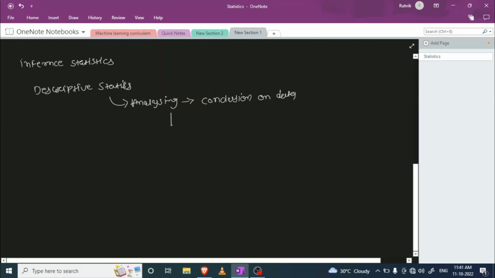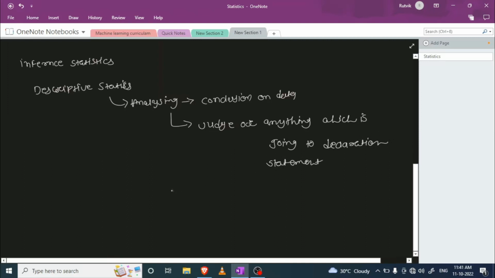We judge and make a declaration statement, and that is done in inference statistics.